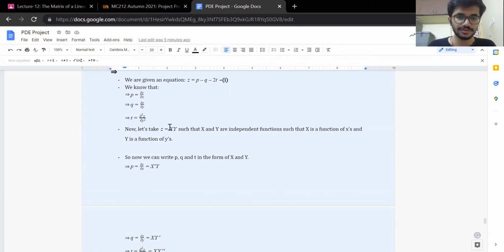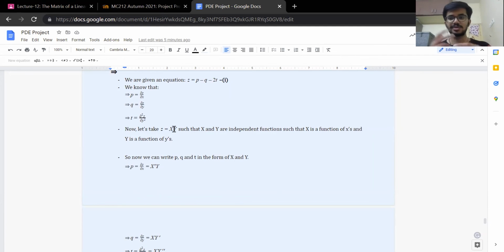So here we are taking z as a composite, z equals X times Y, where X and Y are two independent functions, such that X is a function of all the x terms and Y is a function of all the y terms.